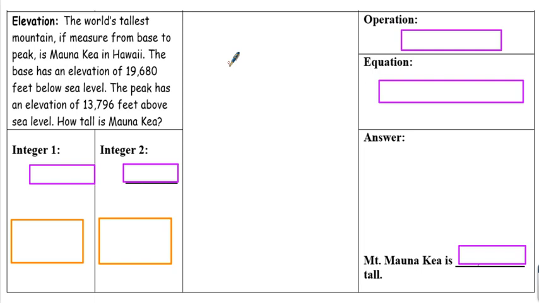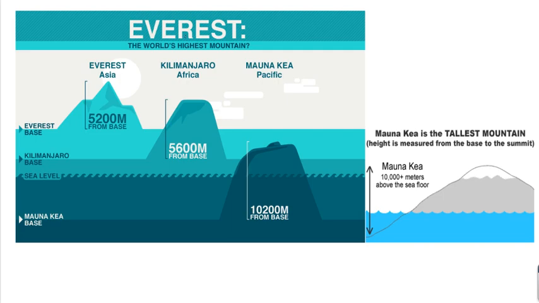Now, the one question you might be asking is, how is this the tallest mountain? Because most of us think that the tallest mountain in the world is Mount Everest, right? Now, take a look at the picture. Mount Everest, from the base, which is the ground, to the top is 5,200 meters.